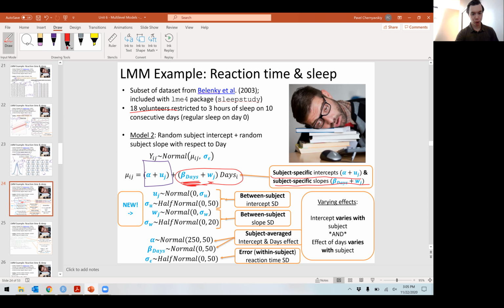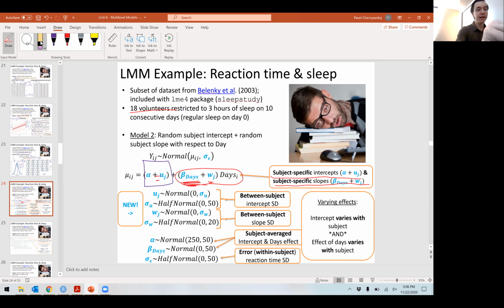Now, you guys would have seen the top pair where we first generate a between subject intercept, and that goes to inform how much variability there is, how much of that deviation we observe away from the population intercept.